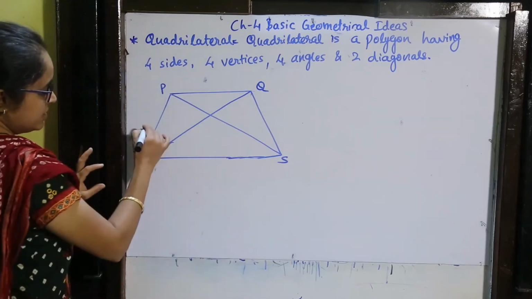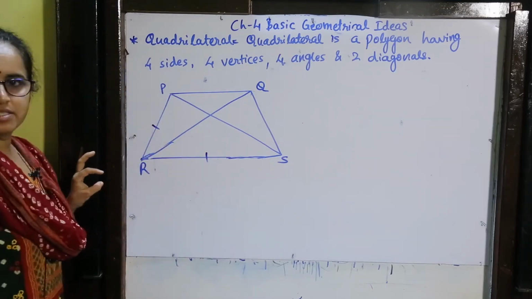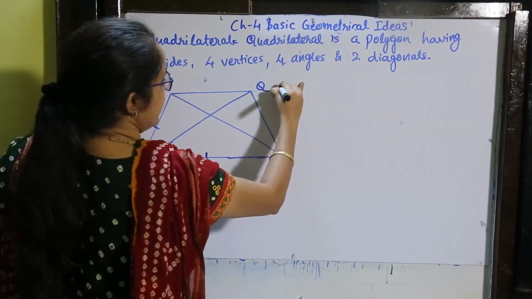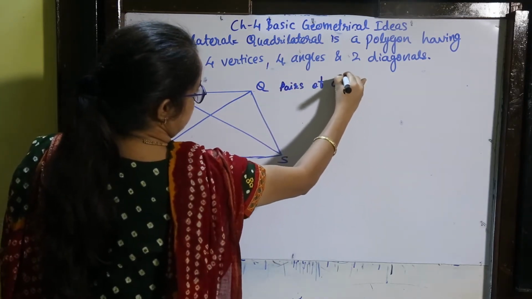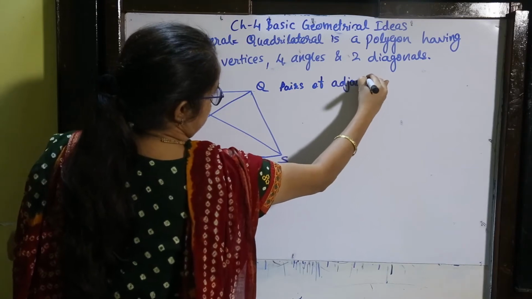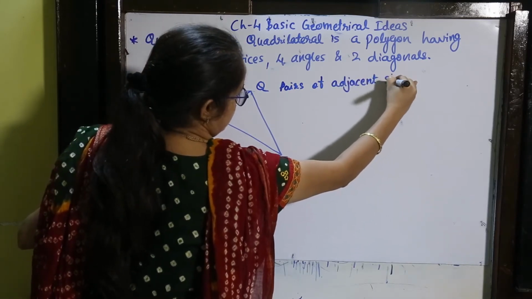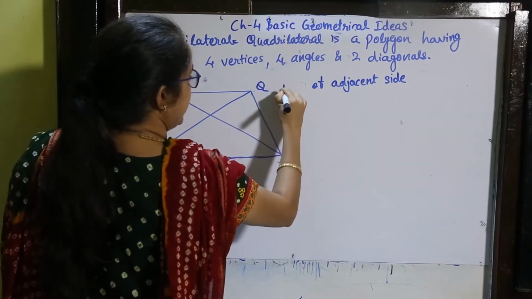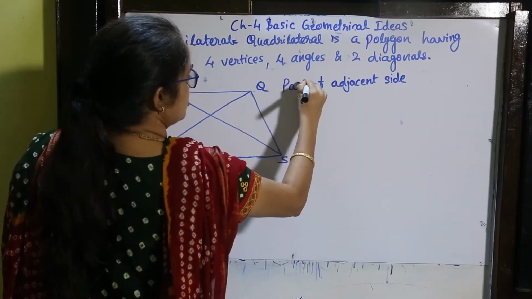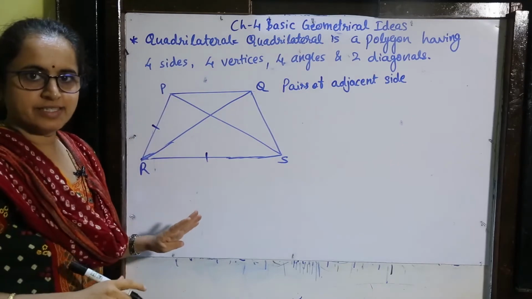If I draw the adjacent sides, these 2 are called adjacent sides. So, pairs of adjacent sides. First of all, you write pairs of adjacent sides. So there are 4 pairs of adjacent sides.